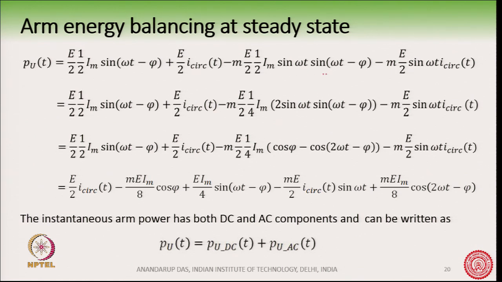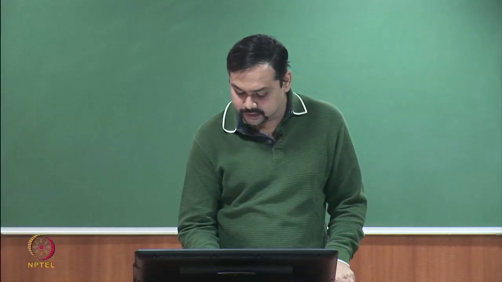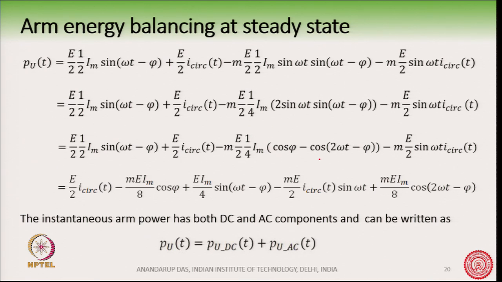So that you can see that there is one sin omega t and sin(omega t minus phi), this kind of sin A sin B format, and this product term we can split into two additive terms. So, 2 sin A sin B is cos(A minus B) minus cos(A plus B), and that is what we have written here. Once we do this, we now have all additive terms, no multiplicative terms.